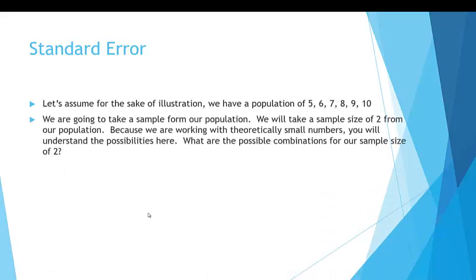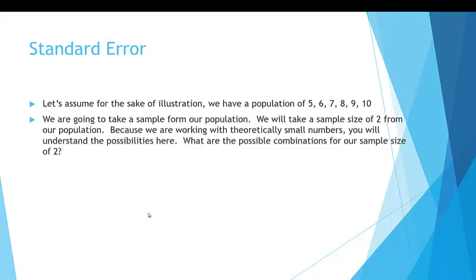We're going to take a sample from our population. We'll take a sample size of 2 from our population. Because we're working with theoretically small numbers, you'll understand the possibilities here, okay?